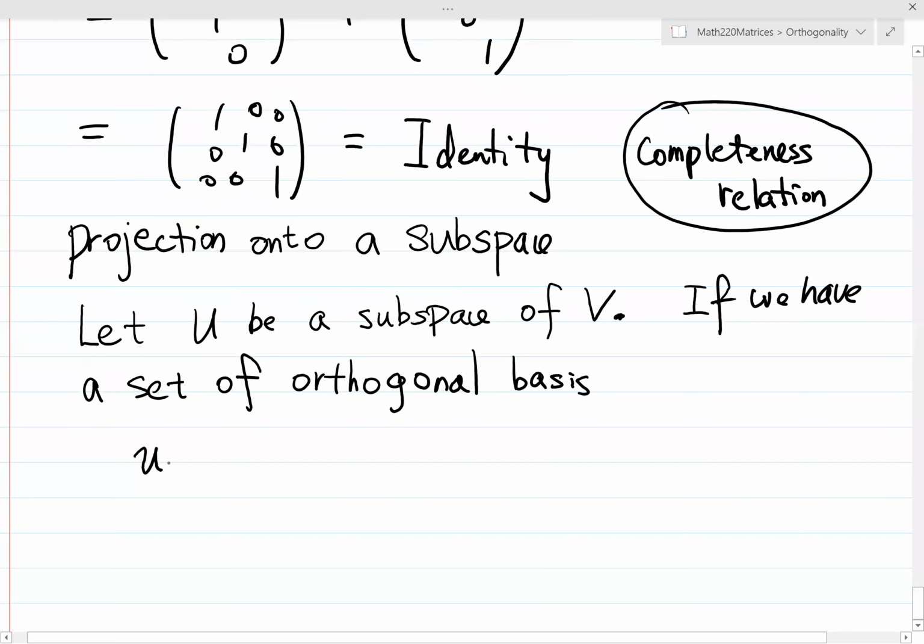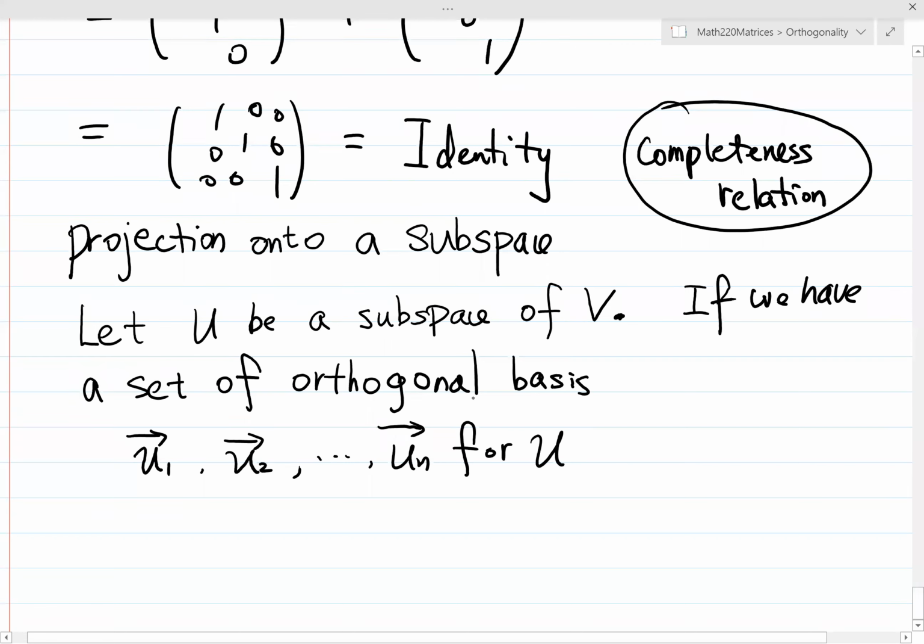Suppose it's U1, U2, up to Un. So this is a basis for the subspace U. The subspace U is of dimension n. For each vector U1, U2, up to Un, we can find the projection matrix onto each vector.